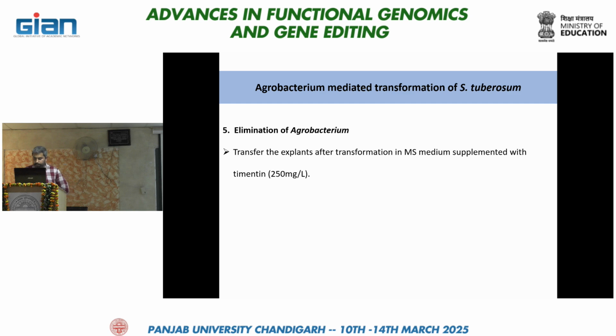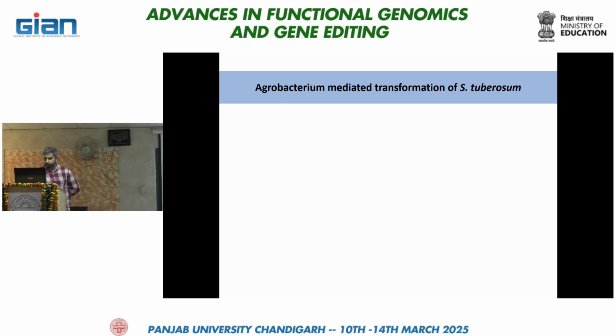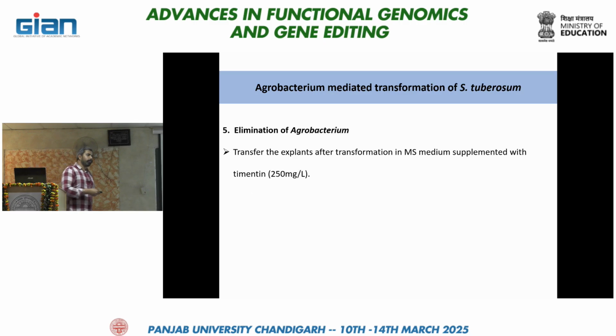After the co-cultivation, the next step will be to eliminate the excess amount of agrobacterium, as we don't need the agrobacterium now, because it will lead to contamination and we don't want any contamination, as it will hinder our plant growth. So for eliminating this agrobacterium strain, we simply transfer our explants to the MS medium, and we supplement it with a broad spectrum antibiotic, and in this case we have used timentin.